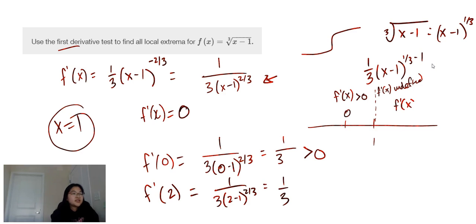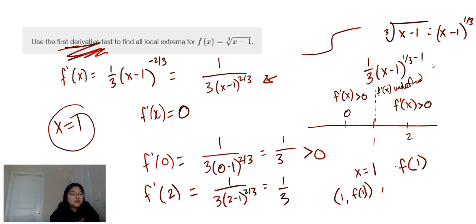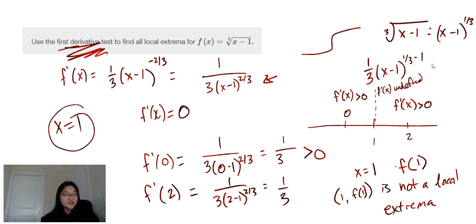So f prime of x is greater than 0 again at 2, which means that according to the first derivative test, x equals 1 gives us f of 1. So the point (1, f of 1) is not a local extrema. We have found a failure of the first derivative test.